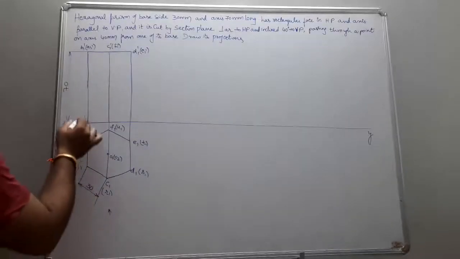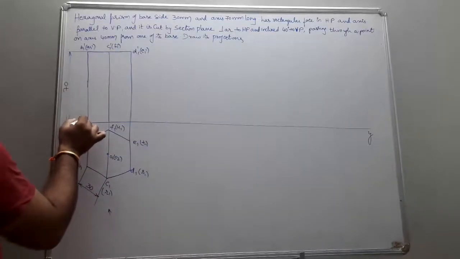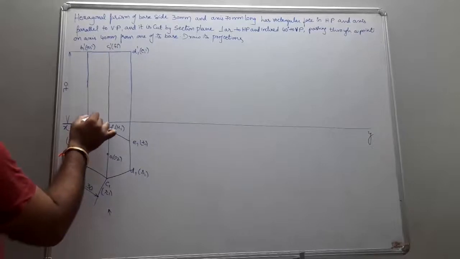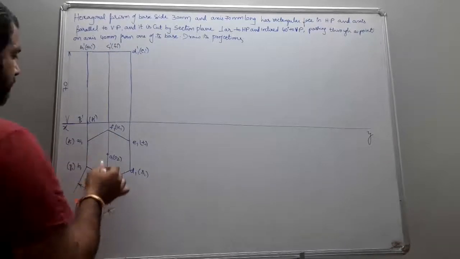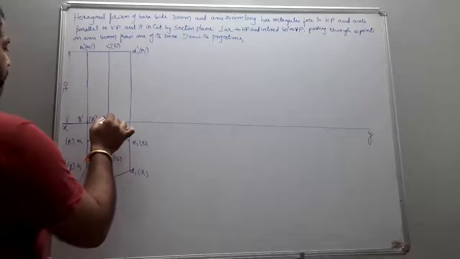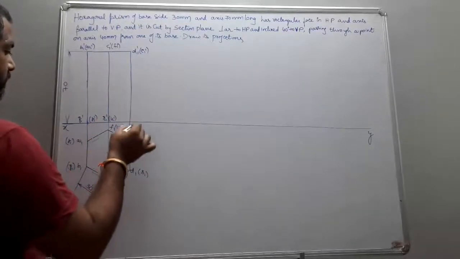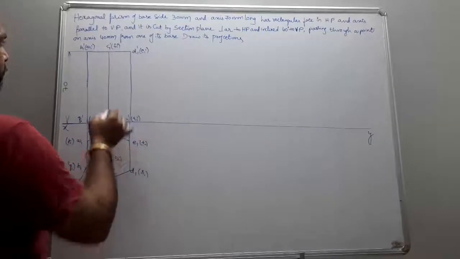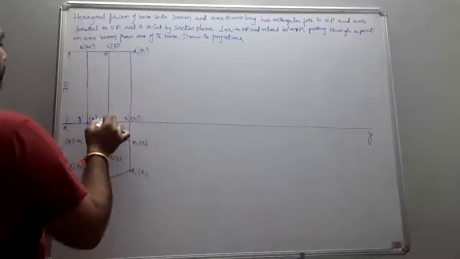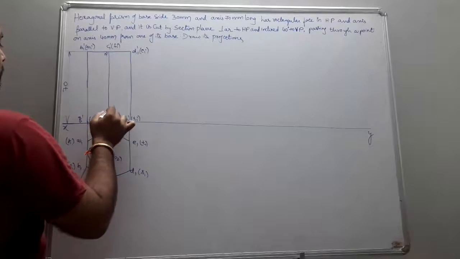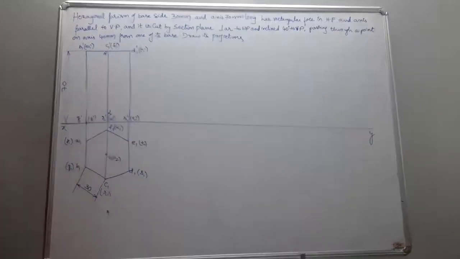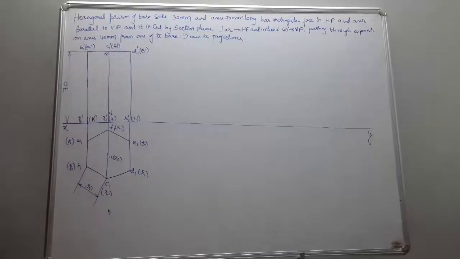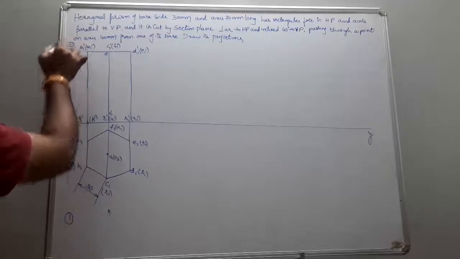Similarly, bottom base here: Q1 dash, P1 dash, R1 dash, U1 dash, and S1 dash, T1 dash. This is O1 dash, and it is O2 dash also. So this was step 1, step 2.